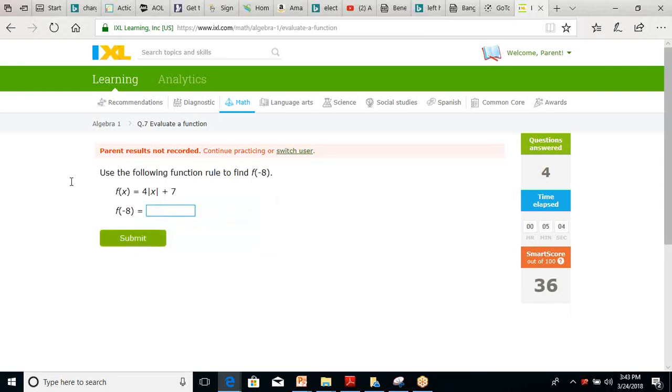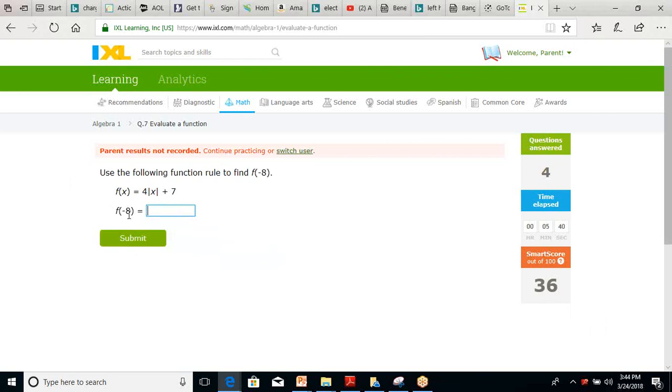Okay? Again, if you're going to use the function rule to find f of minus 8, f of x, this is y, equal to 4 times the absolute value of x, plus 7.